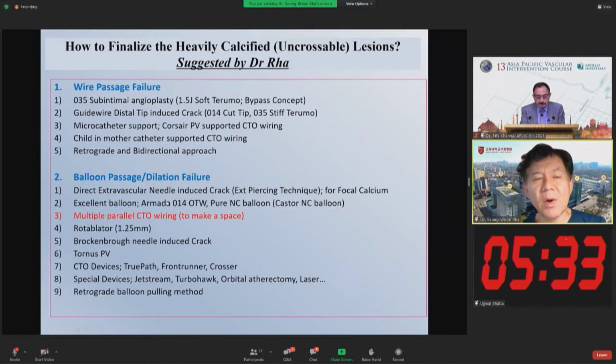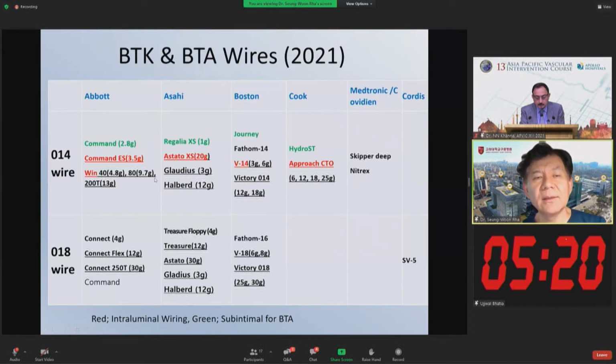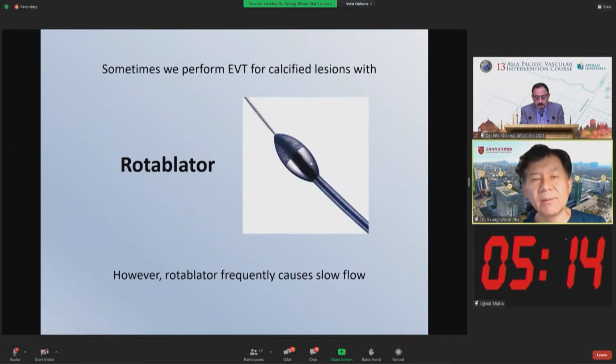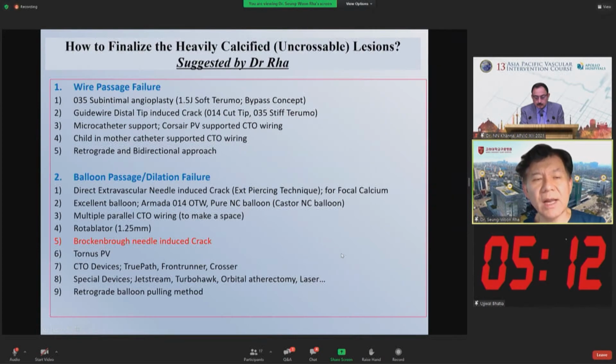The third is multiple parallel CTO wiring, similar to coronary CTO. You can make a space and then the balloon can pass. Sometimes you can use the rotablator, which can work in some particular cases of a slightly longer calcified region.